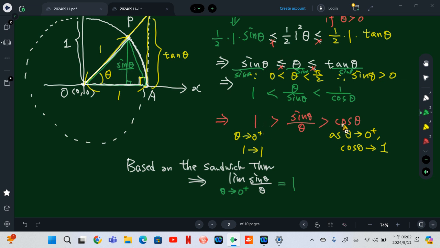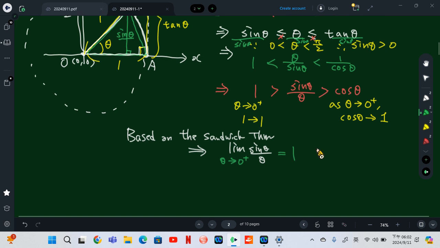Because here is 1, here is also 1, so in between, sine theta over theta also will approach 1. So this is for one direction.